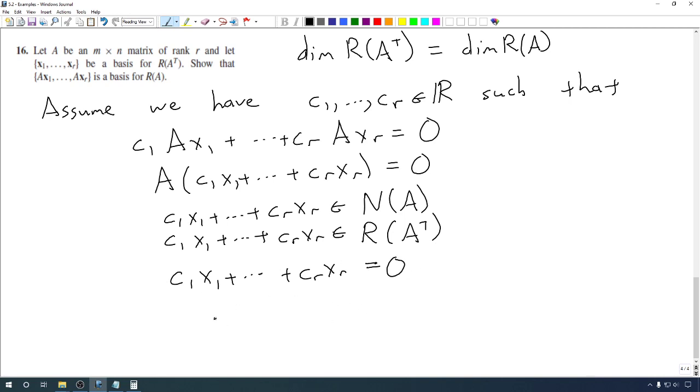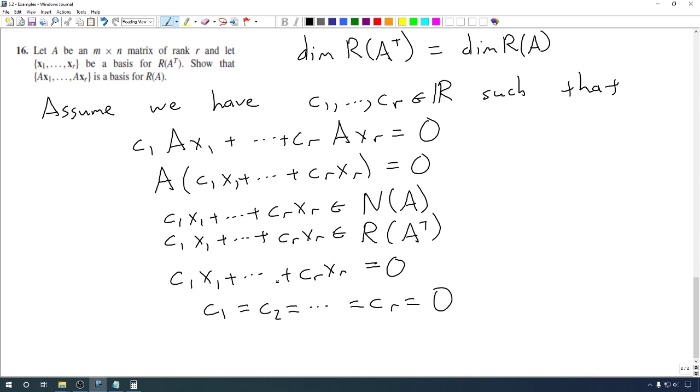Well, remember, the x's are a basis. That means they're linearly independent. If we have a linear combination of them equal to 0, that means all those coefficients have to be 0. All these c's have to be 0.